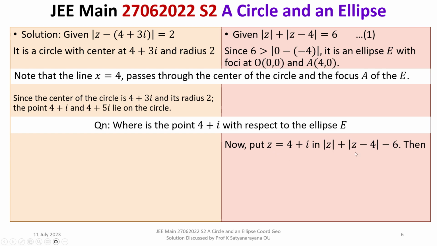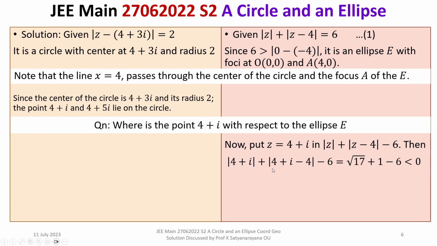If it is greater than 0, this point lies outside the ellipse. And if it is less than 0, then z equal to 4 plus i lies strictly inside the ellipse E. So now substitute: mod of 4 plus i plus mod of 4 plus i minus 4, minus 6.